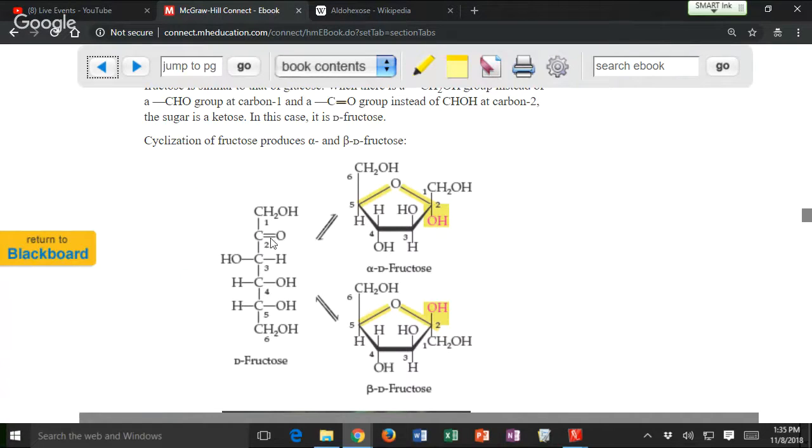So instead of being an aldehyde, it's a ketone because it has carbons on either side. So that's going to change its properties a bit. And one of the ways it changes it is when it circles up, instead of making a 6-membered ring, it makes a 5-membered ring. So when you see that 5-membered ring, often what that's going to be is fructose instead of glucose or some of the other aldohexoses.